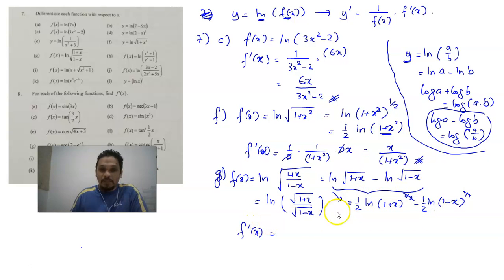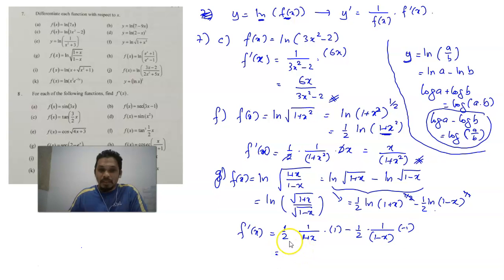So f prime x equals 1 over 2, differentiate ln, 1 over 1 plus x, and differentiate 1 plus x, which is 1, minus 1 over 2, differentiate ln, 1 over 1 minus x, and differentiate 1 minus x, negative 1.